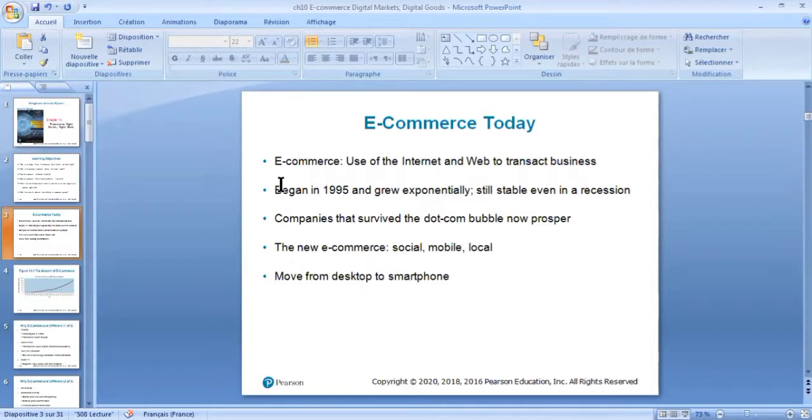However, e-commerce is not just about buying and selling goods. It's also about communicating, collaborating, and discovering information over the internet. I'm referring here to things like e-learning, e-government, social networks, and much more.